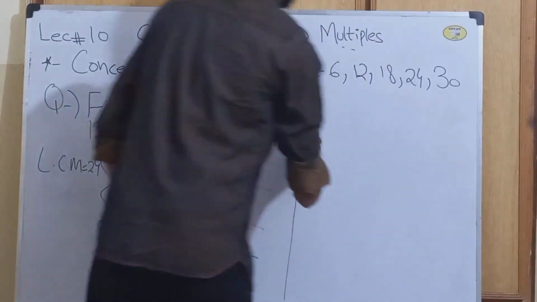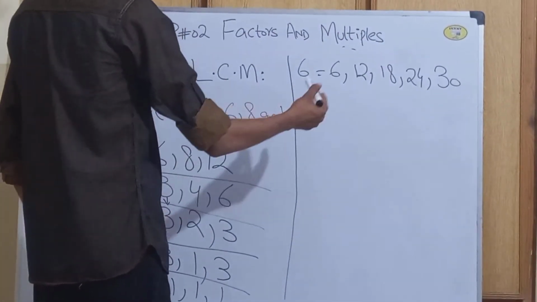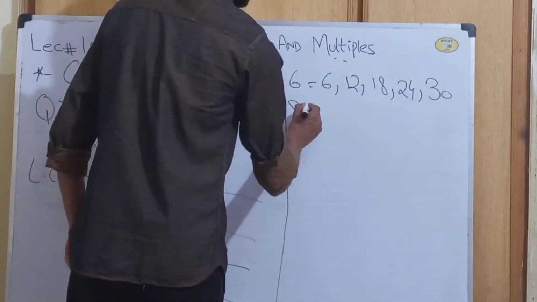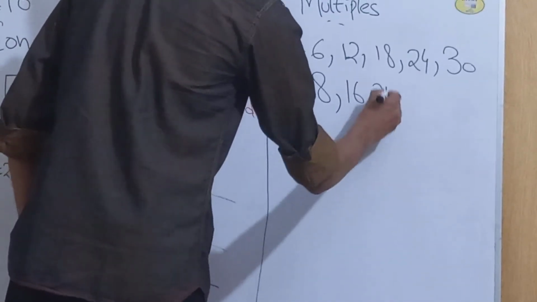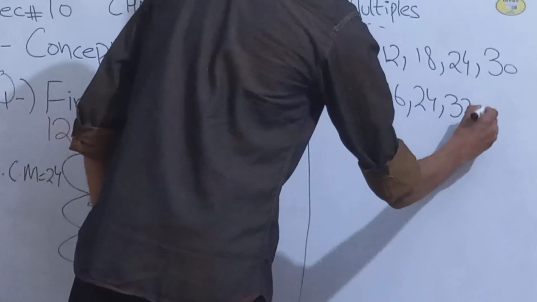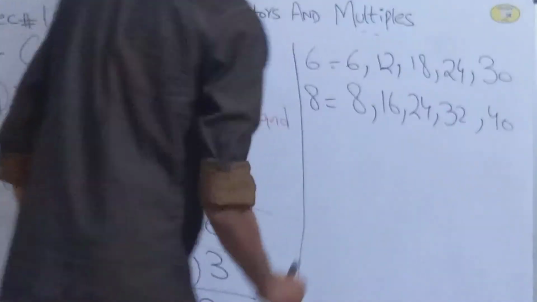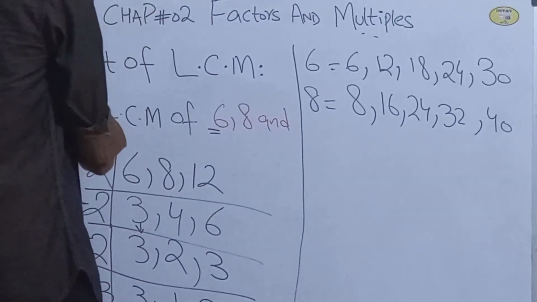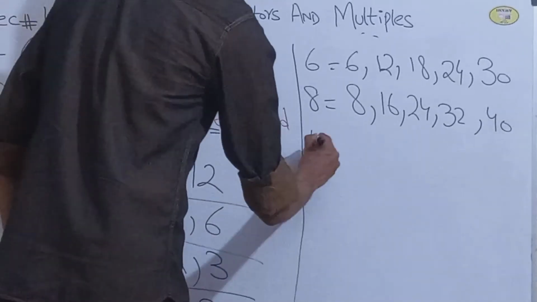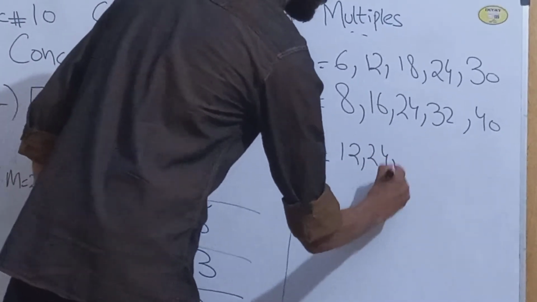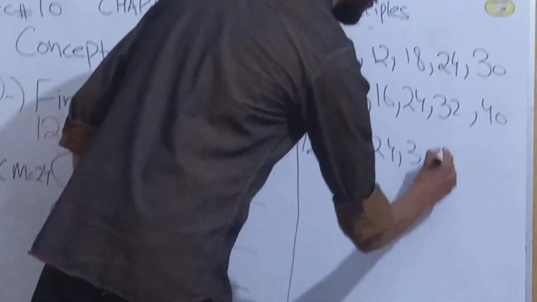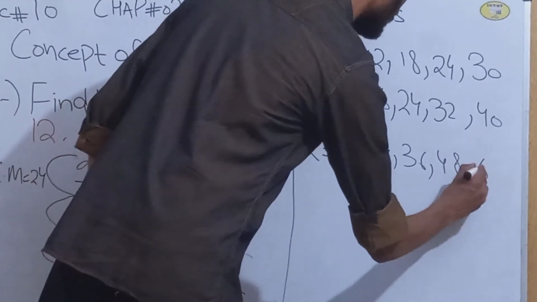And now the first 5 multiples of 8: 8, 16, 24, 32, 40. Now the first 5 multiples of 12: 12, 24, 36, 48 and 60.